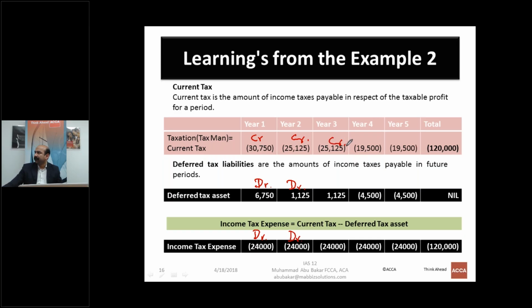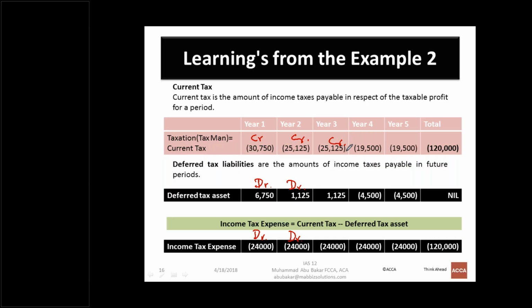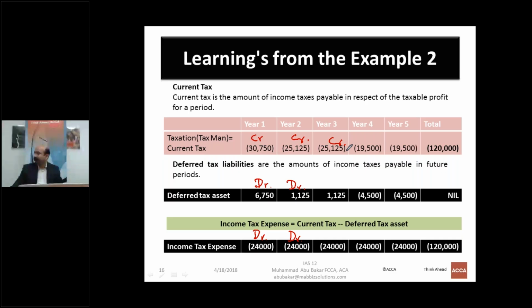Likewise, credit. No, deferred tax asset is reversed. So these are the entries which you will be making at the end of each year related to deferred taxation.